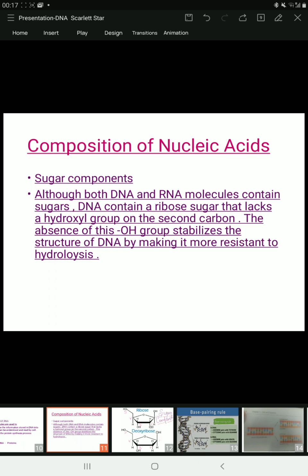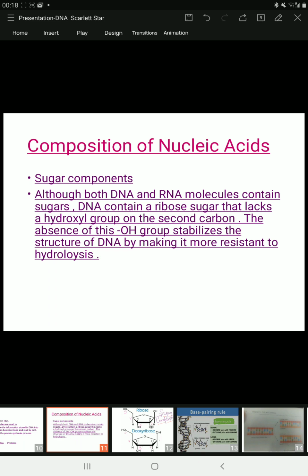DNA contains a deoxyribose sugar that lacks a hydroxyl group on the second carbon. The absence of this OH group stabilizes the structure of DNA. Means the absence of this OH group at the second carbon of DNA stabilizes the structure. They are not going to react with H and form H2O.